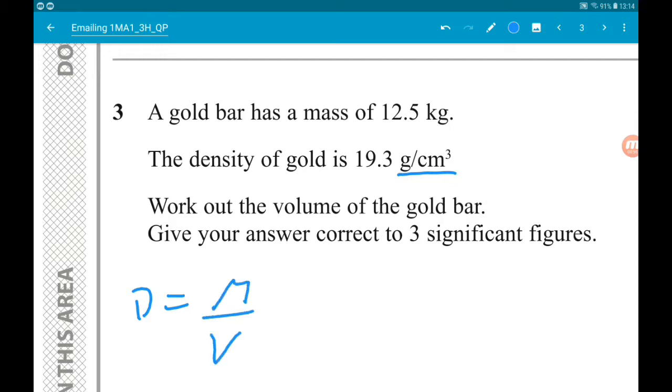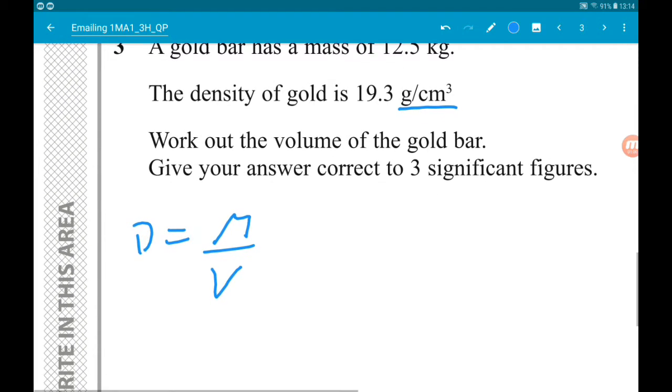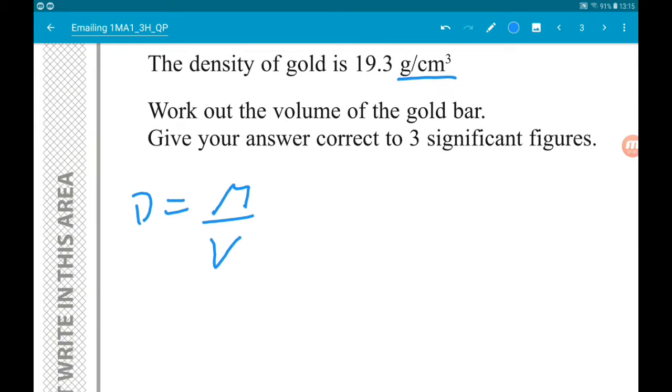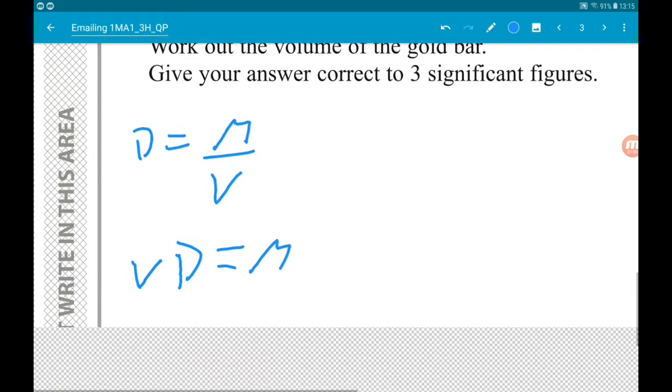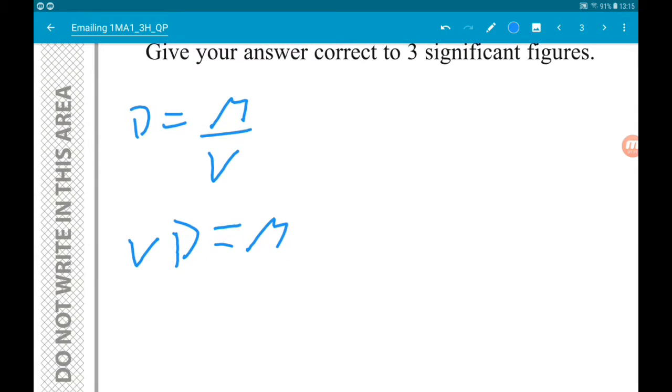Now, we want to work out the volume. So, if we multiply through by V, we get volume times density is mass, and then divide through by the density. Volume is mass over density.